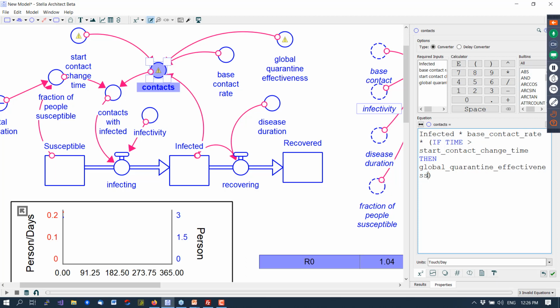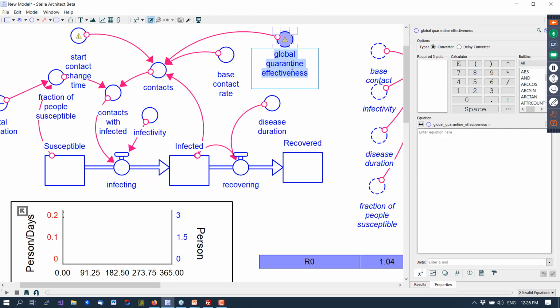I'm going to change the name of this because the other models I'll show you, I think, use a zero-based one, else 1. So this says that once we get past the change time, we'll do this. I'm going to rename this to multiplier.